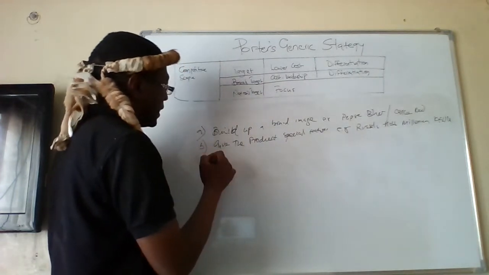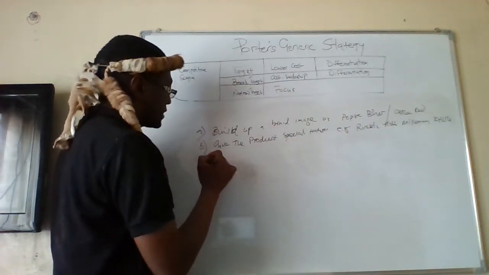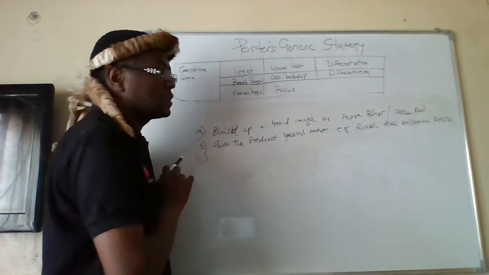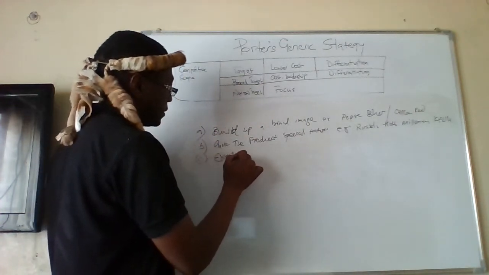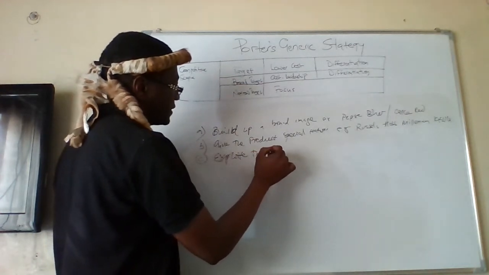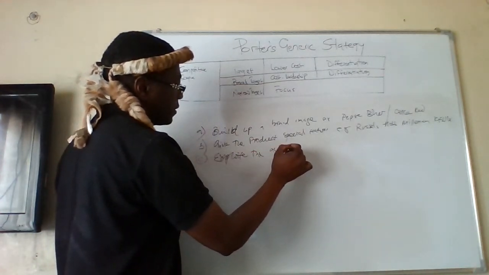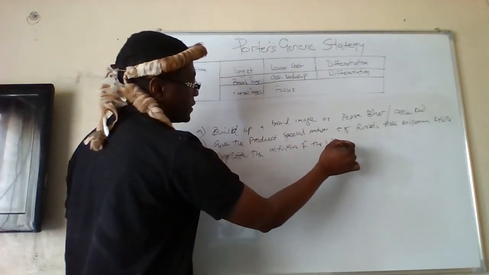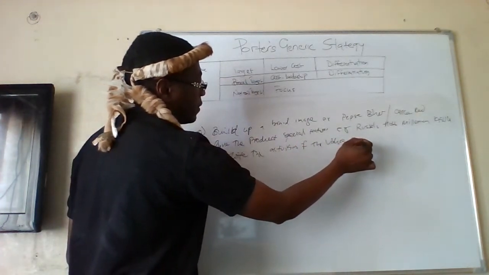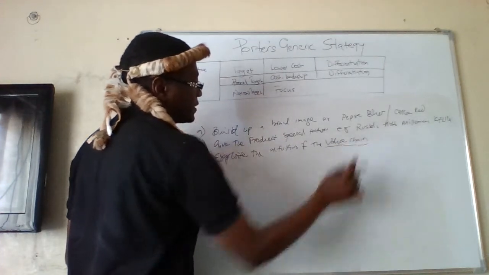And then how can you differentiate? Last, we can say exploit the activities of the value chain. Now, this is a topic on its own.